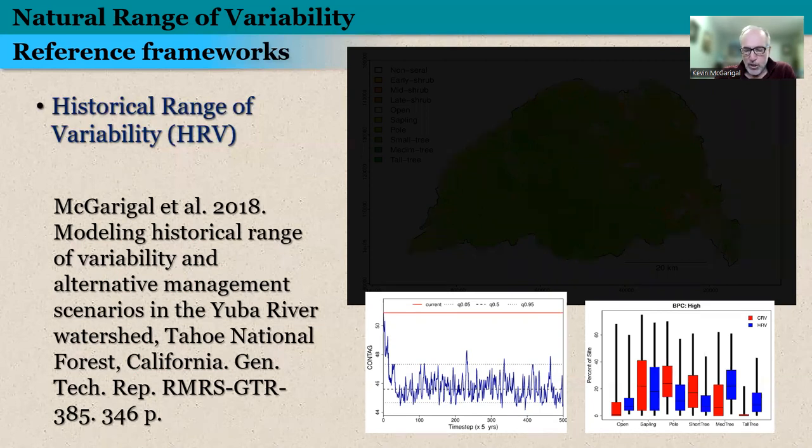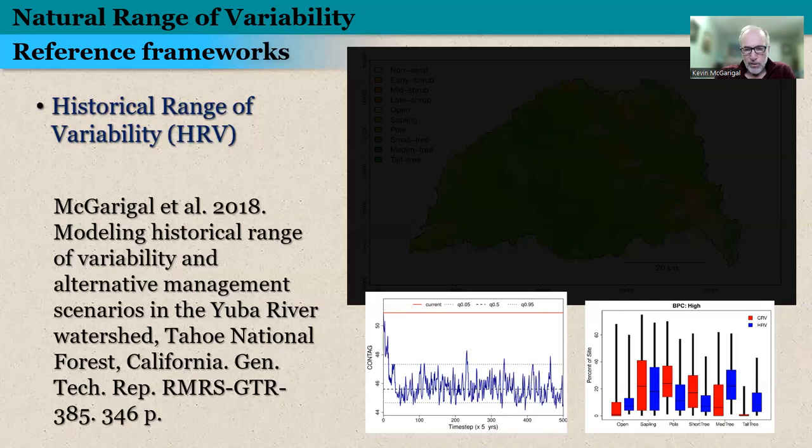And on the right, showing the variability in developmental stage or seral stage classes, ranging from open through sapling, pole, small, medium, and tall tree, where the box and whisker plots represent the historical range of variability expected in each of these seral stage classes for the landscape, and partitioned here between what we expect over time under historical reference conditions, the HRV, or what's shown in the blue bars, comparing that to what we see in the current landscape across space.